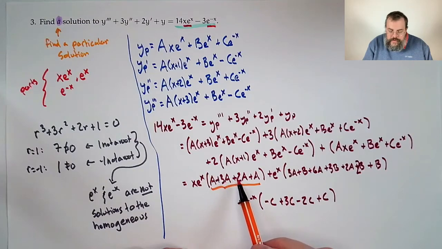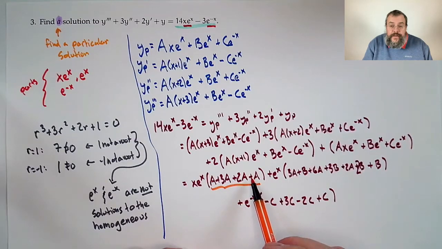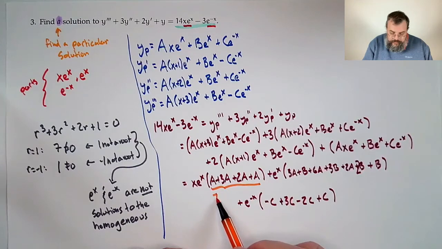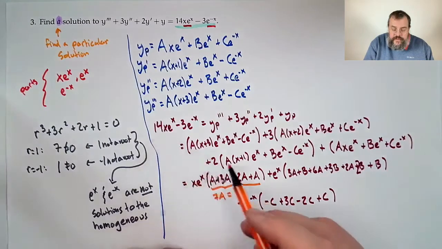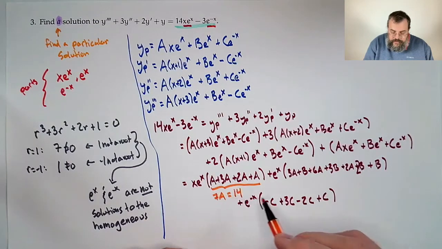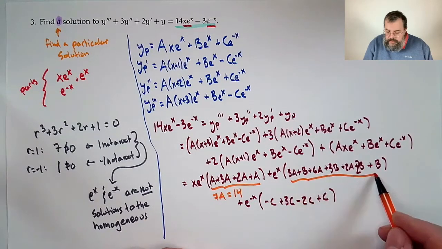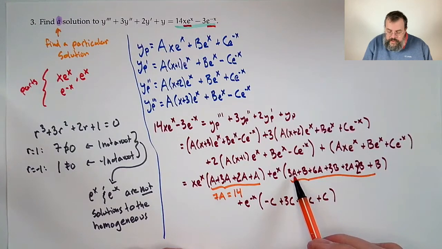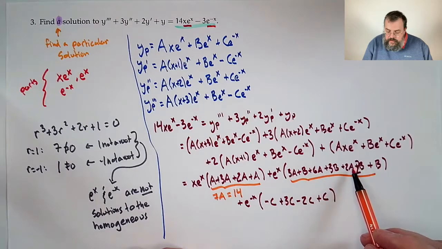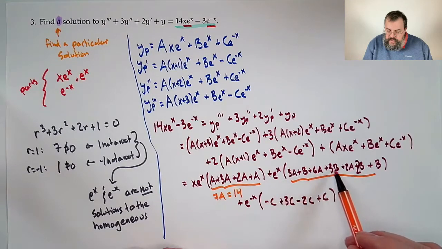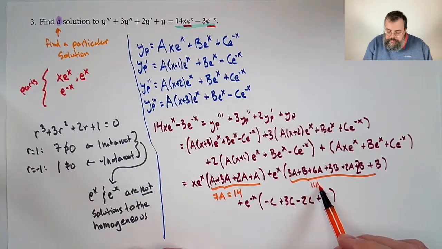A, 3a, 2a, a. That would make it 7a. And that has to equal the coefficient, so in other words, it has to equal this coefficient on the other side. So it equals 14. Over here, we're going to get 3a and 6a and 2a, so that would make a total of 11a.